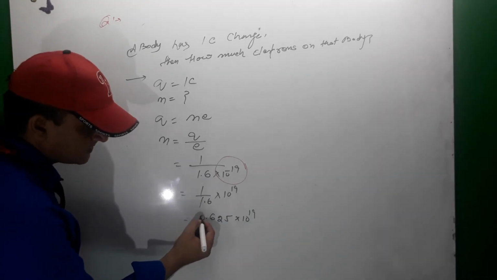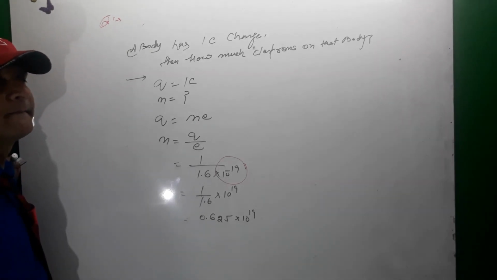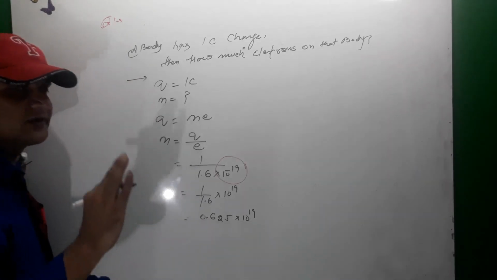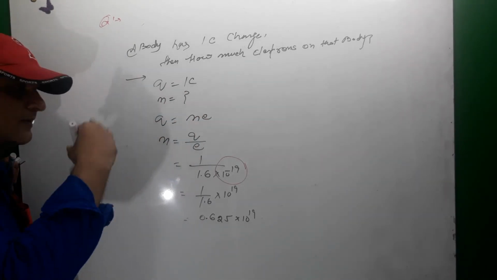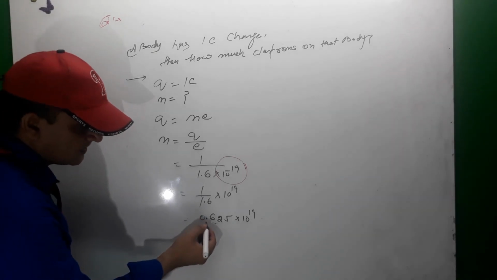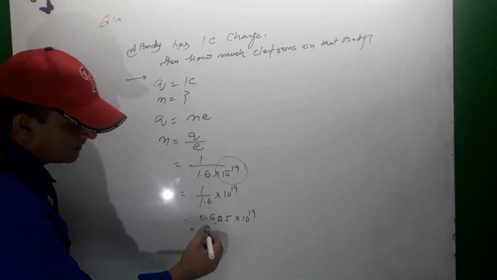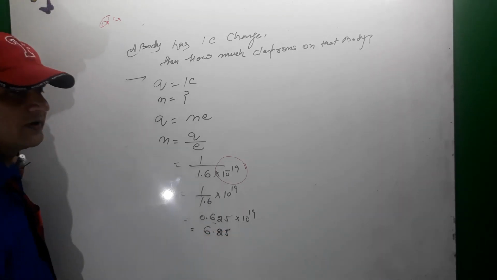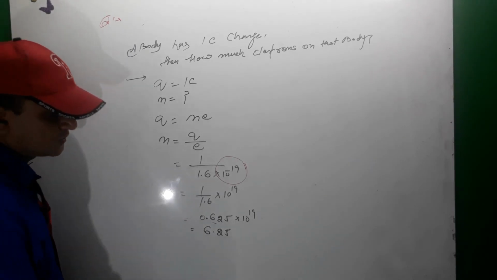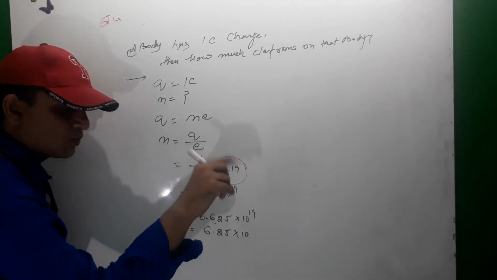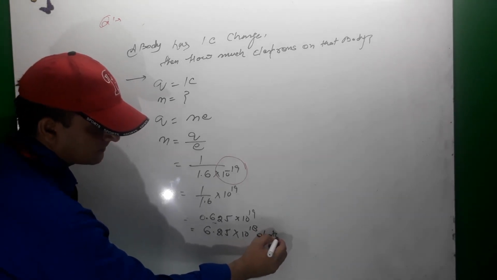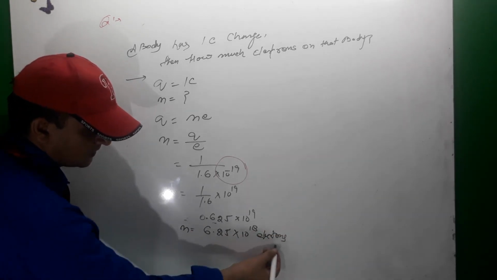Now what does physics mathematics say? The point should be after the first number from the left. This point should be transferred here, then it will be 6.25. Now you have jumped 1 point, so the power will be less by 1. There are 10^18 electrons.